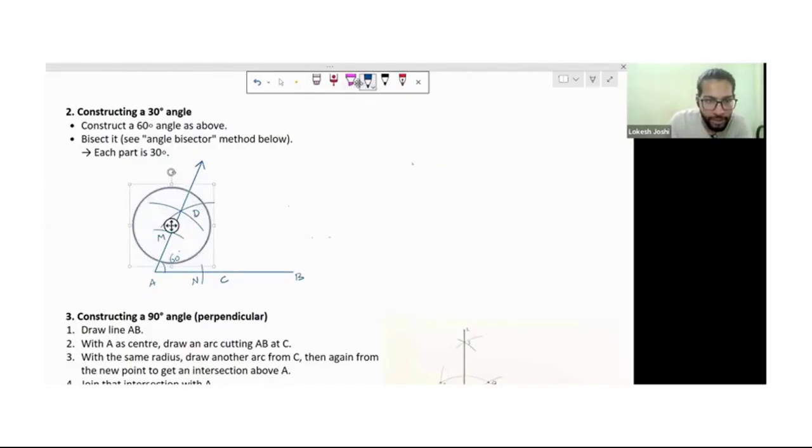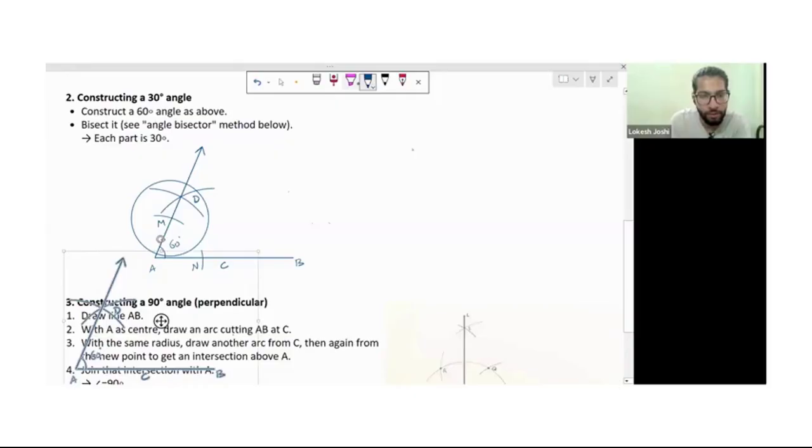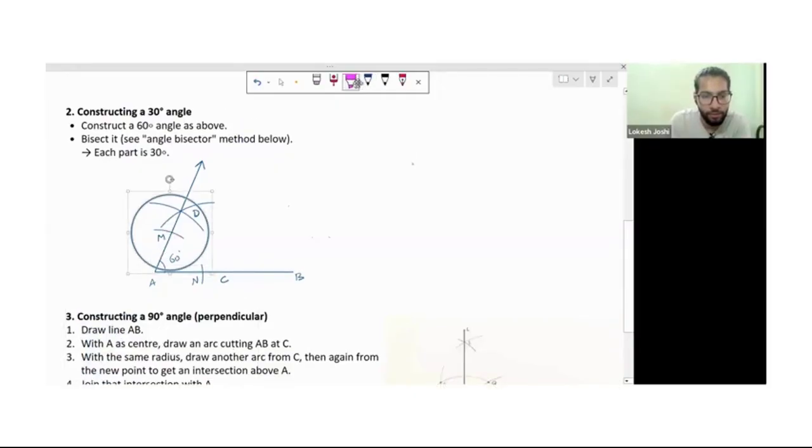So with M as a center, one arc there. Now with N as a center, I have to draw another arc.